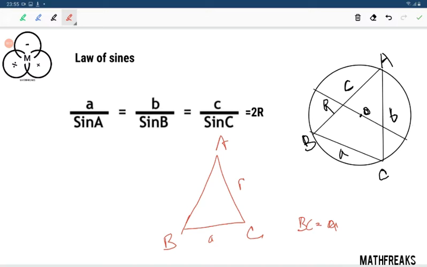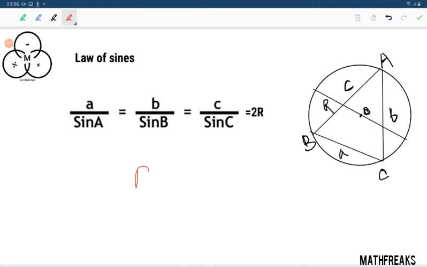AC is denoted by small b. AB equals small c. This is the general notation. Often this will not be mentioned and simply ABC will be given. At that time we have to understand that the standard notation has been used.